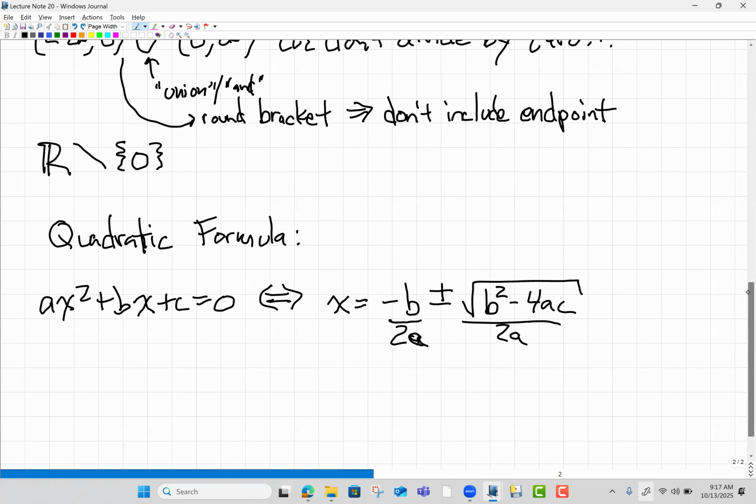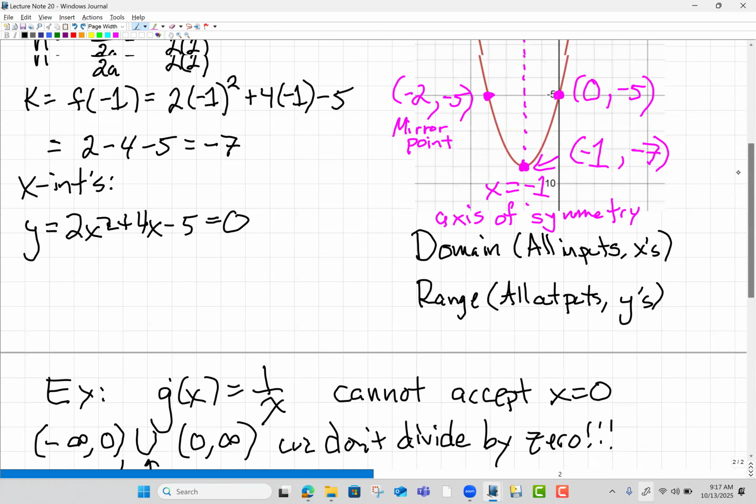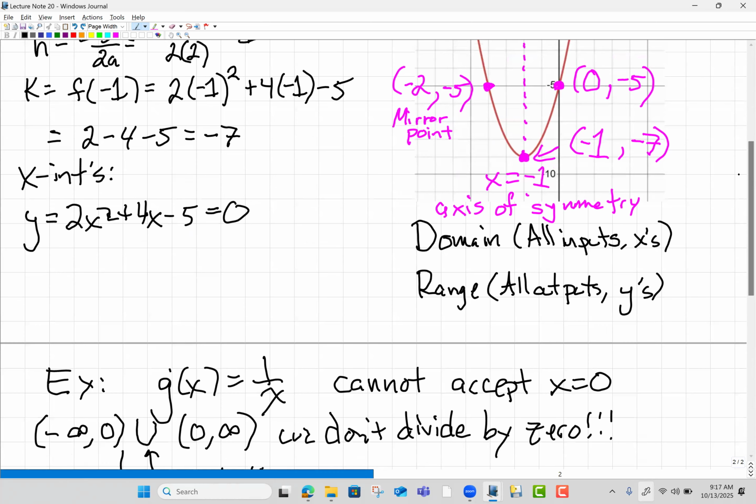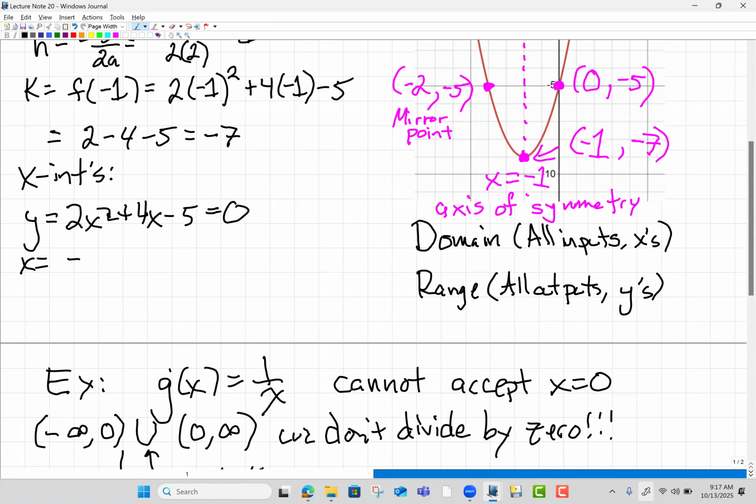So we could just use that. So let's try that. So our answers are negative b plus or minus the square root b squared minus 4ac, everything divided by 2a.